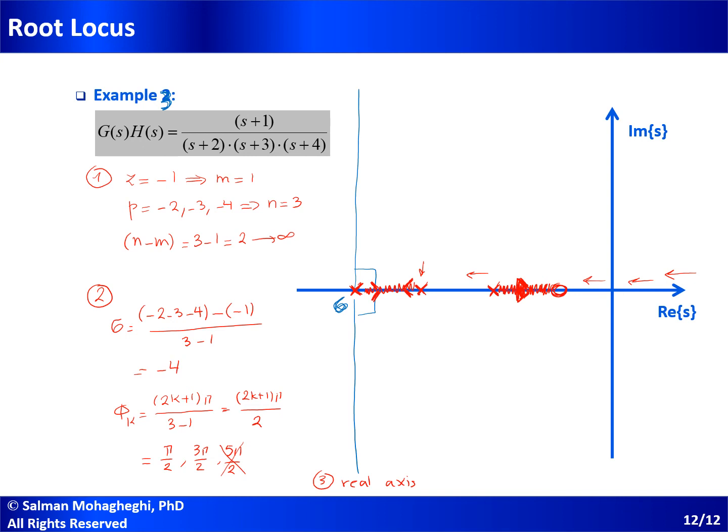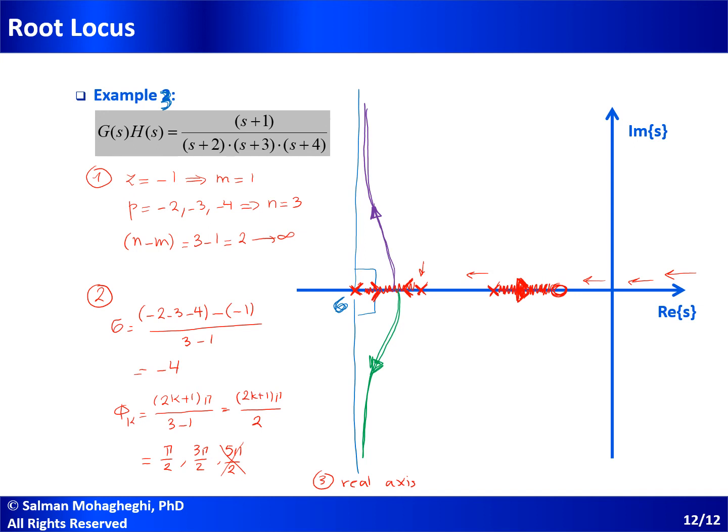This is going to be a break point, but we're not really interested in calculating exactly where that point is located. All we know is somewhere between -3 and -4. At that point, one of the branches will go to infinity along this asymptote, and the other one will go to infinity along the other asymptote. And this is going to be the root locus of the system.